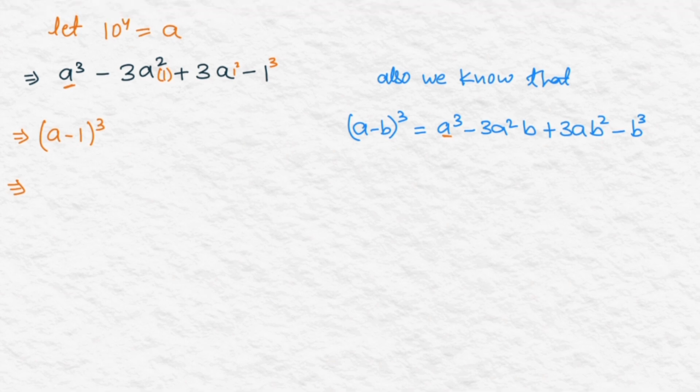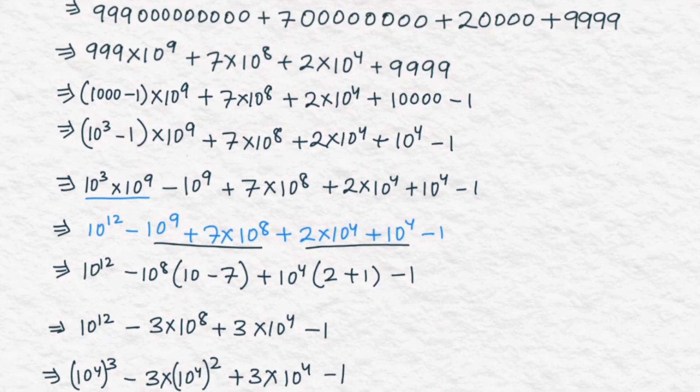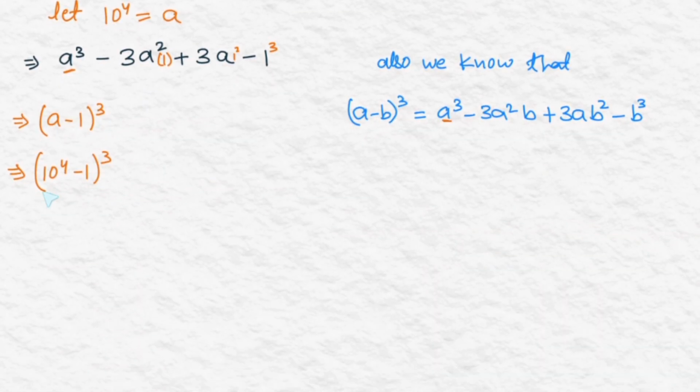Now we'll put the value of 10 to the power 4 in place of a. Therefore, our equation will become 10 to the power 4 minus 1 whole cube. Therefore, we have reduced this very big number to a simple term. Now we have to find the cube root of this number. So simply we're gonna find the cube root of 10 to the power 4 minus 1 whole cube.